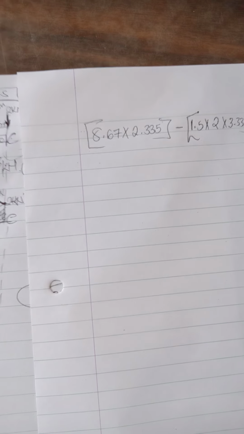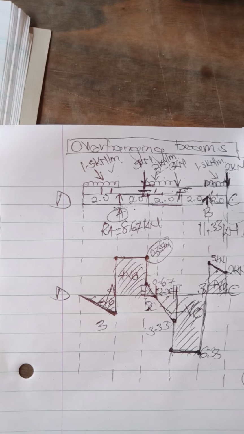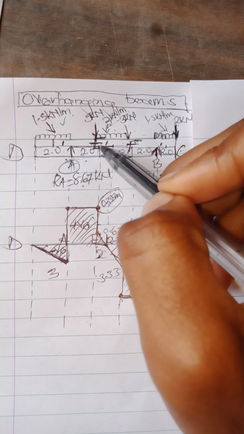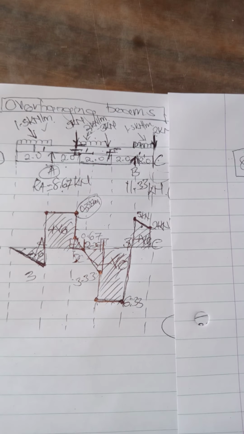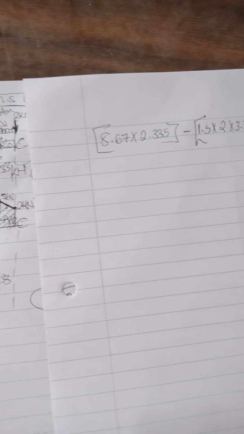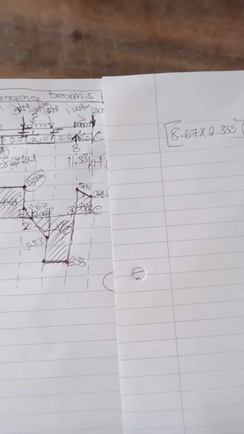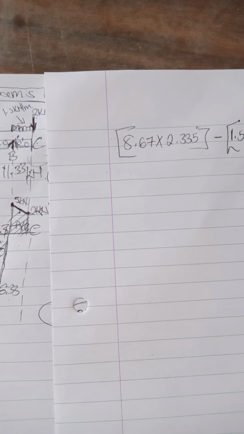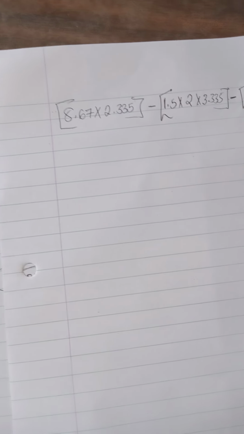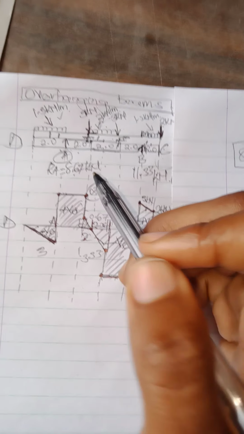Then we subtract another force, 5 kilonewtons times 0.335, which is the force times the distance x.